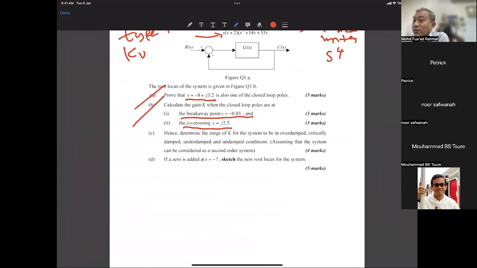Determine the range of K for the system to be overdamped, critically damped, underdamped, and undamped conditions, assuming that the system can be considered as a second order system.